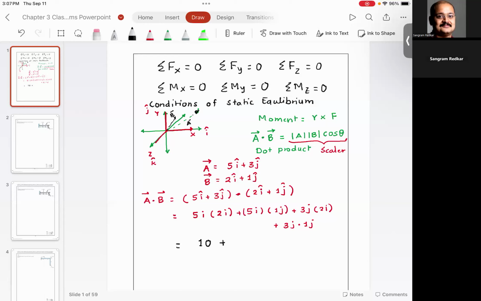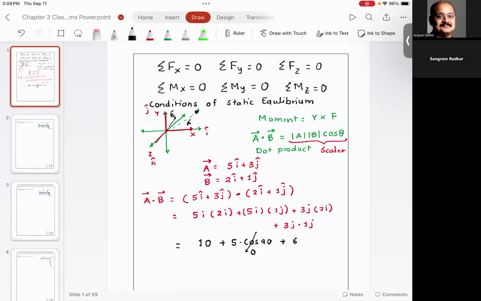1 is 5, but now you have to find out the angle between i and j, which is 90 degrees. So cosine 90 degrees is 0. So 5 times cosine 90, this guy is 0, plus 3j times 2i. 3j times 2i is 6.